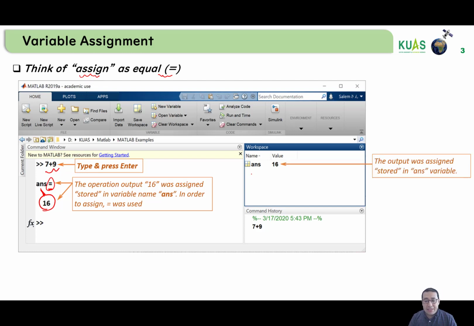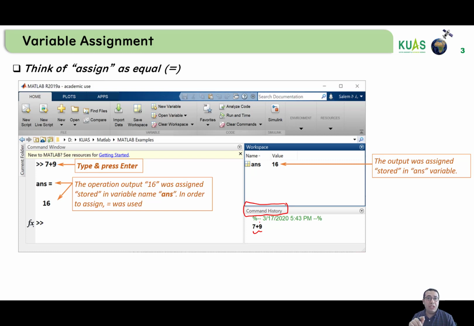And please remember this workspace. The workspace is the place where we know what variables we have. Here we have a variable called ans, and the value is equal to 16. And here is the command history window, which is the place where any command we write appears.